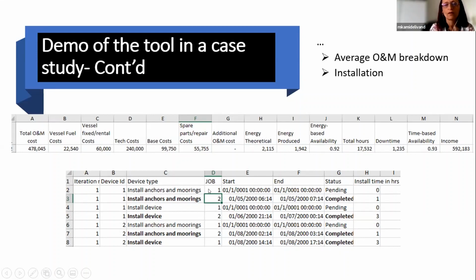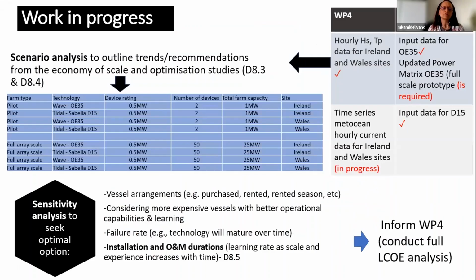There is one tab that shows when the installation has occurred, at what time, and how many attempts or trials have been done until the task is completed. So by having all this information, we believe that this model can be used to create different scenarios.